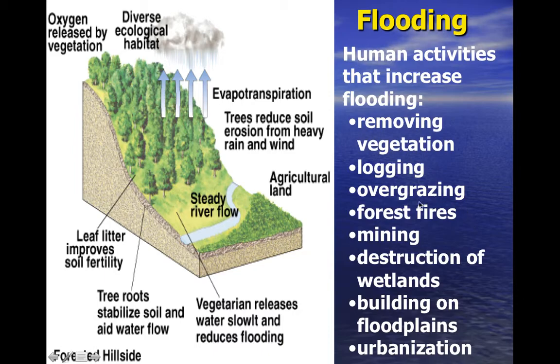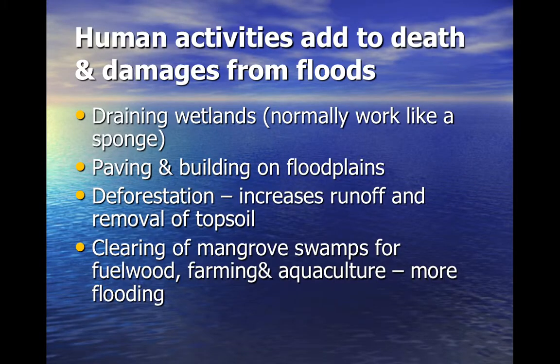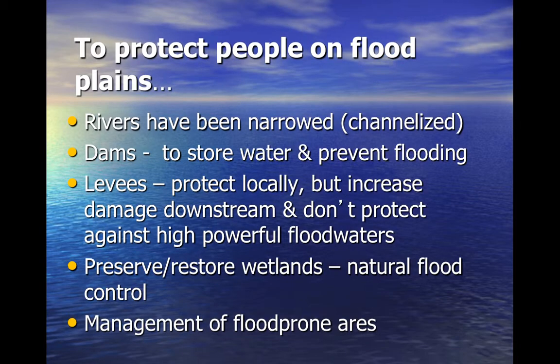Overgrazing by animals, forest fires, mining, building on the floodplains, and urbanization, when cities come into a region. Other human activities that add to damage from floods: draining wetlands, paving or building on floodplains, deforestation, and also clearing of the mangrove swamps that we talked about in Unit 2.